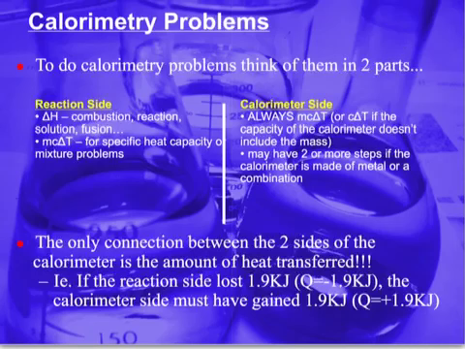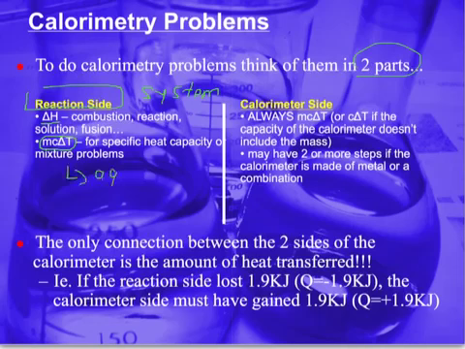When we talk about a calorimetry problem, we can think of it as two parts. The first part is the chemical reaction, or our system. To determine the energy change of a system, we can use a delta H calculation, which we'll do in a couple of slides, or we can determine the change using the formula mc delta T if this is an aqueous reaction.